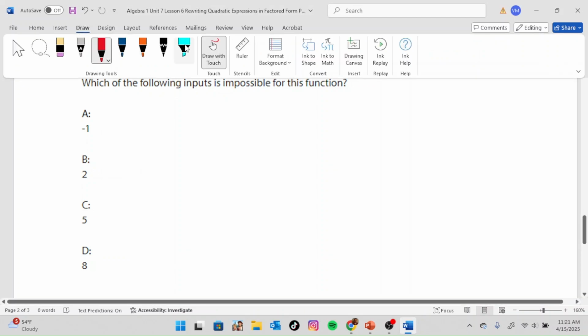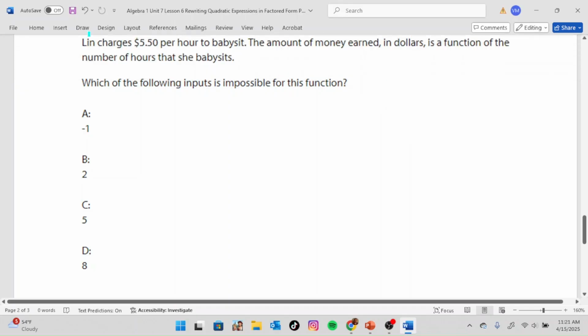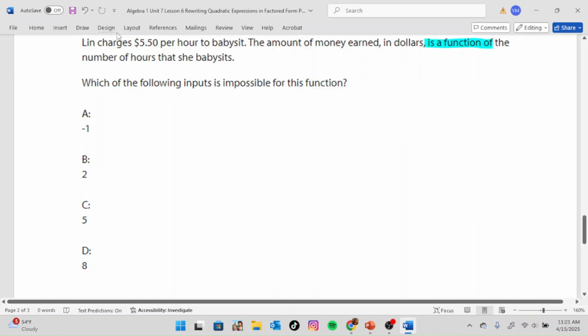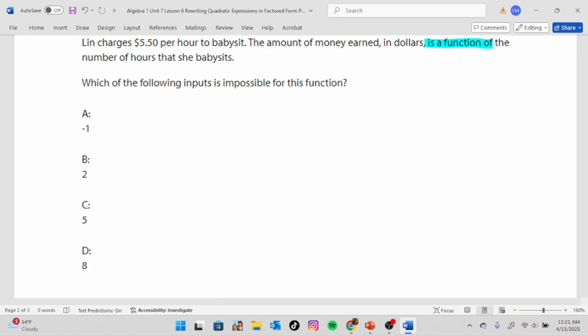So we've got to remember the key words that help us solve a problem like this. "Is a function of." Every time you read these words, whatever comes before them, amount of money earned in dollars, is your output.